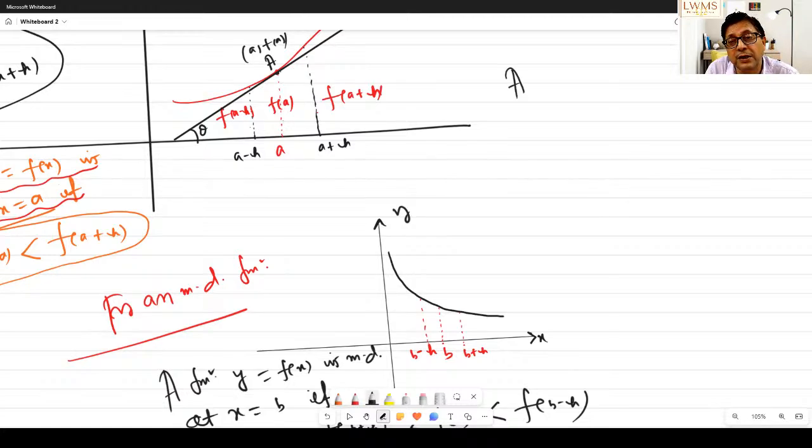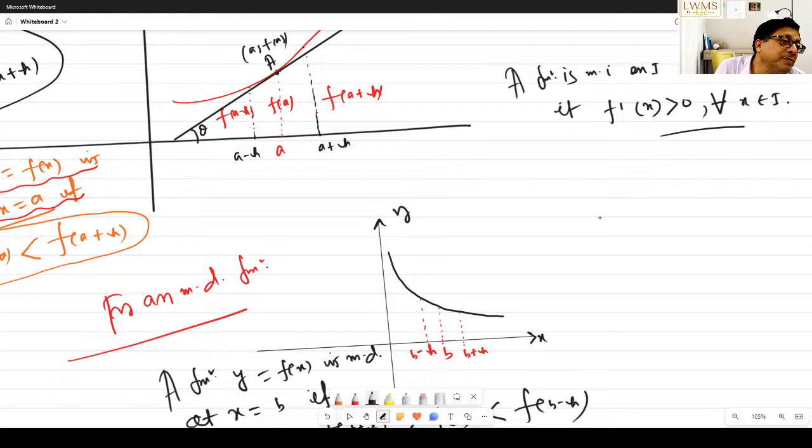So a function is MI on I if f dash x is greater than 0 for all x belongs to I. The derivative should be greater than 0.